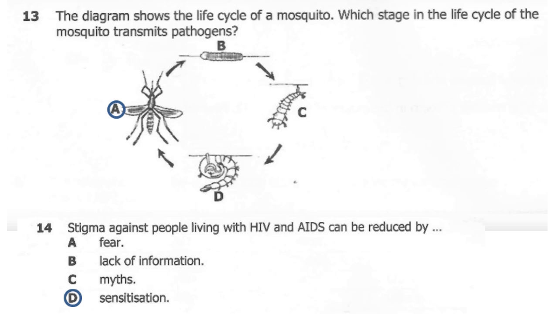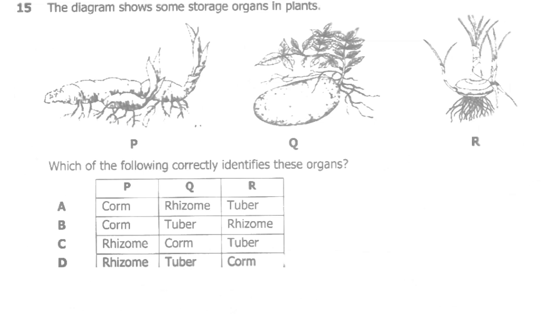15. The diagram shows some storage organs in plants. We have P there. We also have Q. We also have R. Which of the following correctly identifies these organs? So here our answer will be D. So P is rhizome.